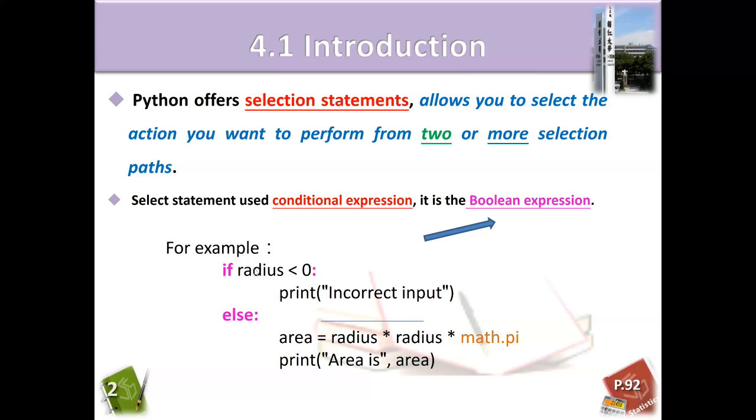So if the radius is smaller than 0, when we want to calculate the area for a circle, it is incorrect input. So this result will print, right?